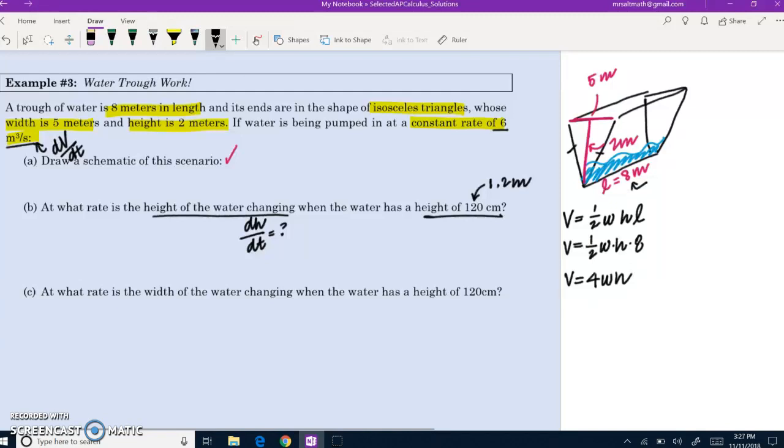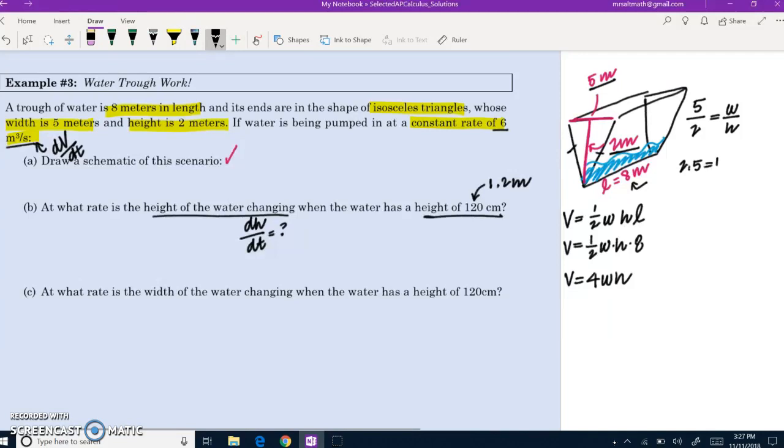Just like our cone problems, when we're dealing with these isosceles triangle trough type problems, the relationship between our width and our height is going to stay constant. So I can say that 5, my width, over 2, my height, is equal to width over height. That way I have a method of relating the 2 values. Let's rewrite 5 over 2 as 2.5.